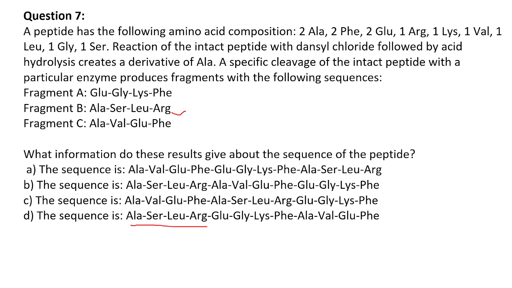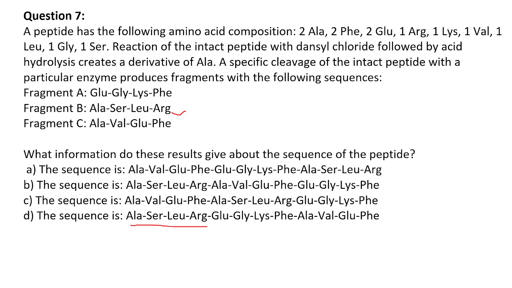A specific cleavage of the intact peptide with a particular enzyme produces fragments with the following sequences. Fragment A is Glu, Glu, phenylalanine. Fragment B: alanine, serine, leucine, arginine.